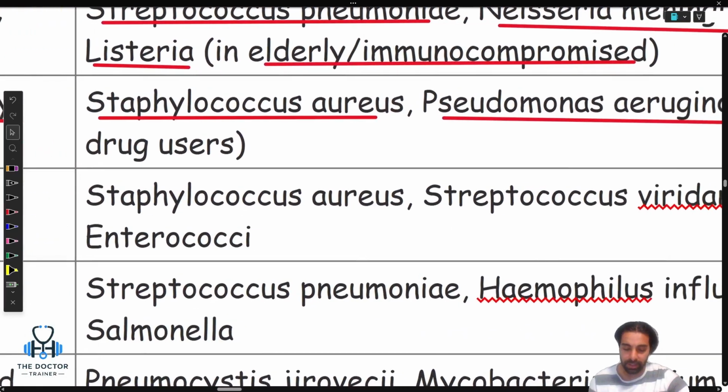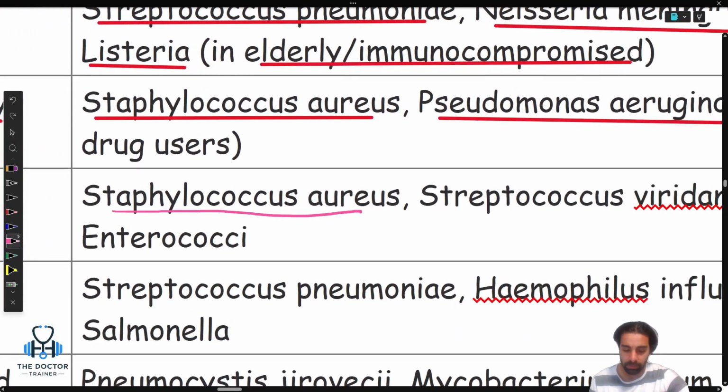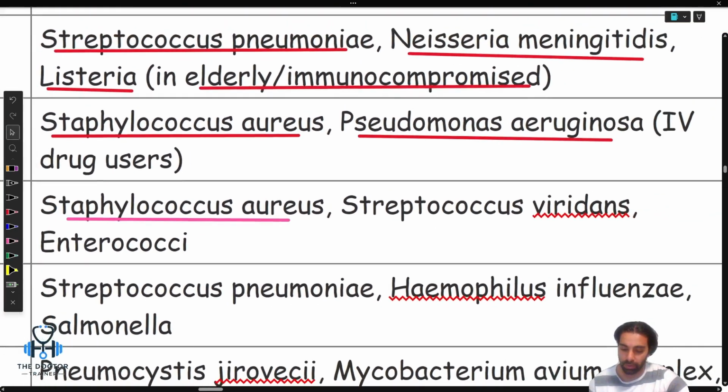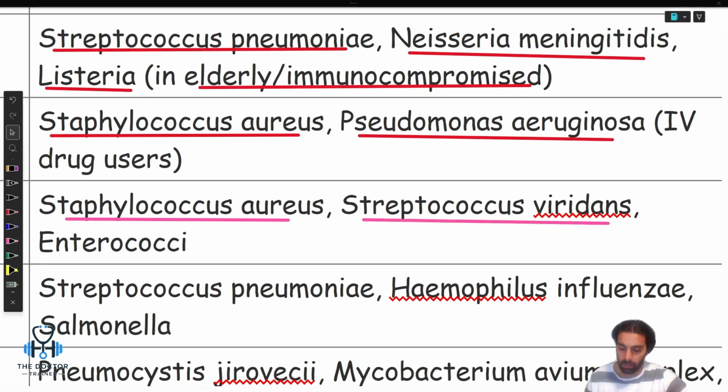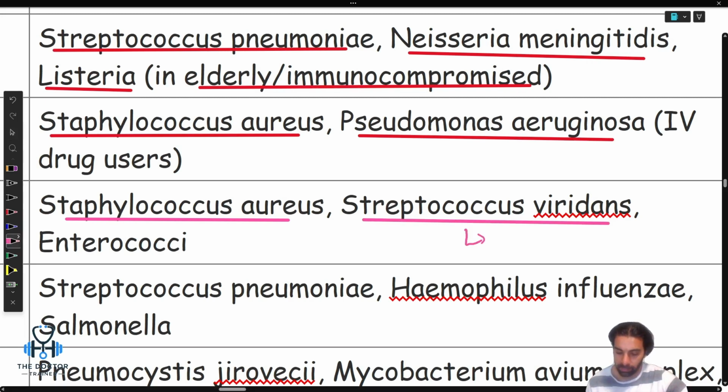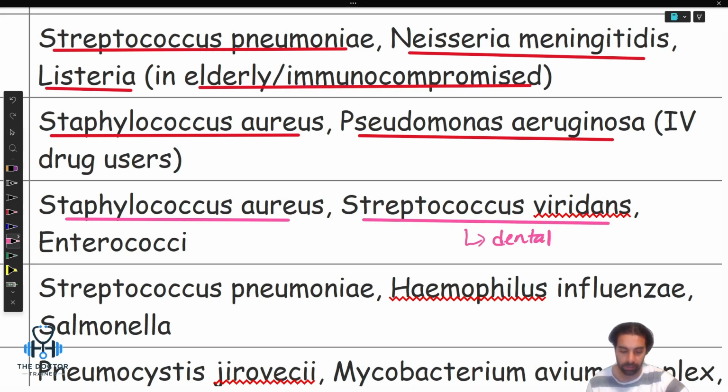So it's going to be your skin bugs, so staph, strep, so strep viridans. I think of oral, so dental. So if they had a dental procedure done recently, then that's high likelihood. If it's a colonoscopy and they found, actually, sorry, go backwards.